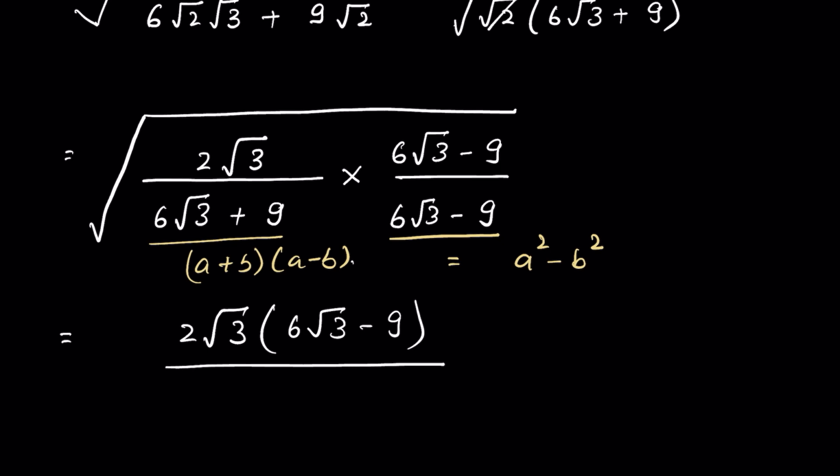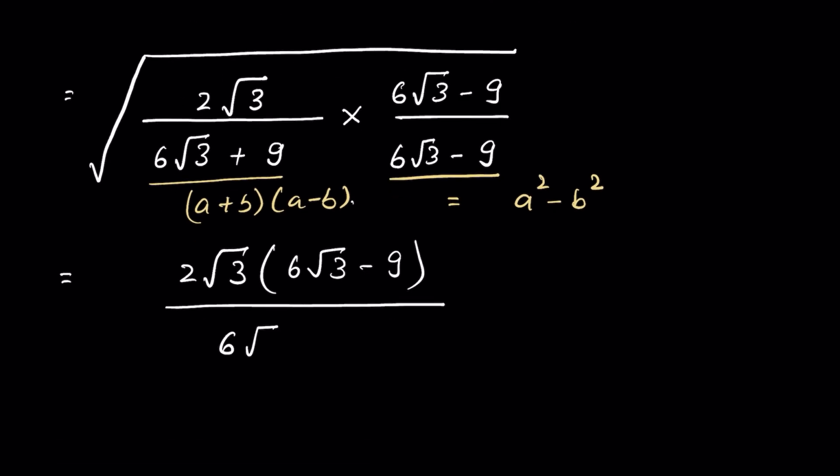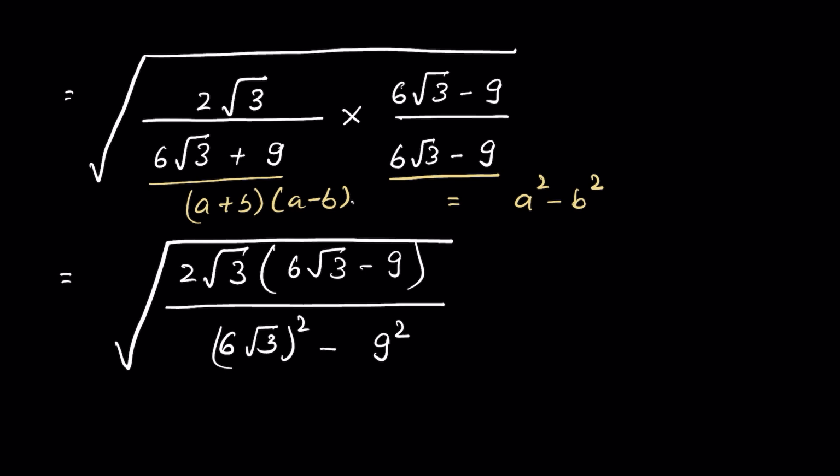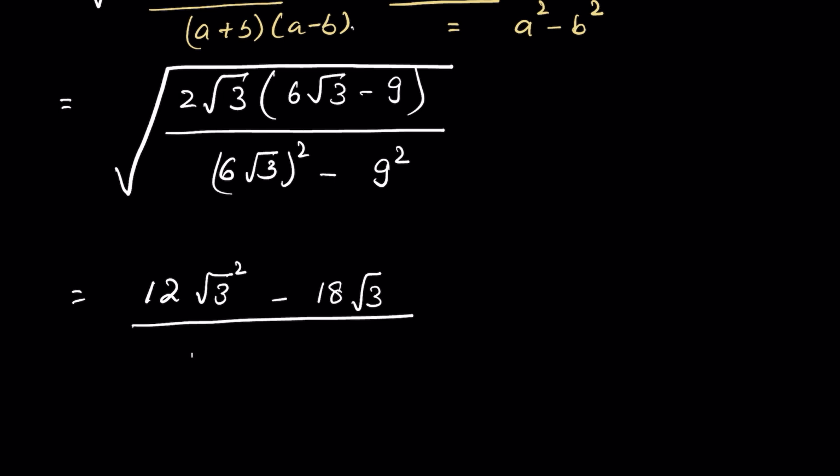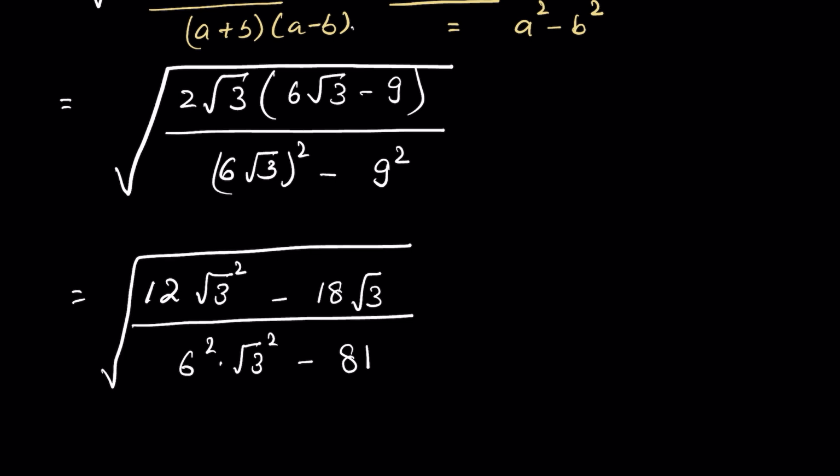So we write it 6 times square root of 3 whole square minus 9 square. 2 times 6 is 12 and square root of 3 square minus 2 times square root of 3 times 9, 9 times 2 is 18 times square root of 3, upon 6 square times square root of 3 square minus 9 square, which is 81.